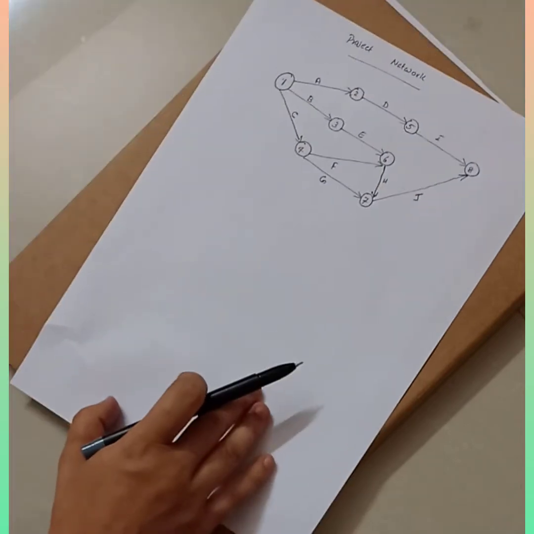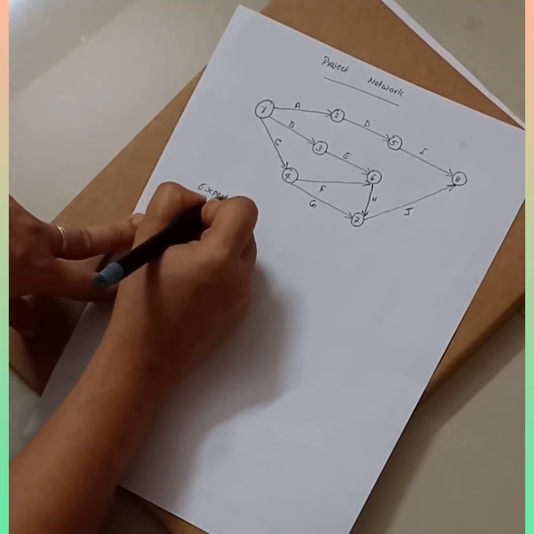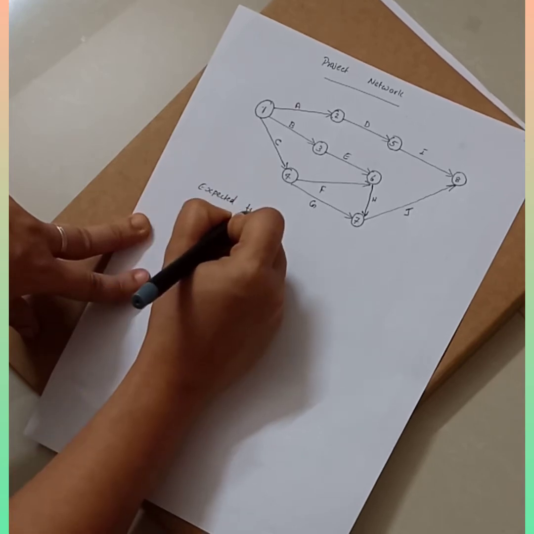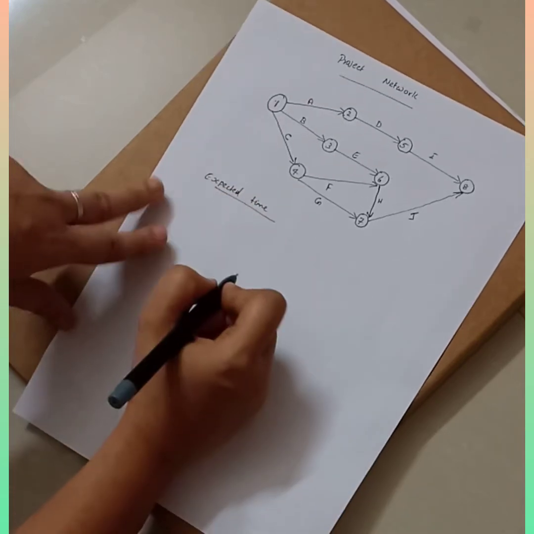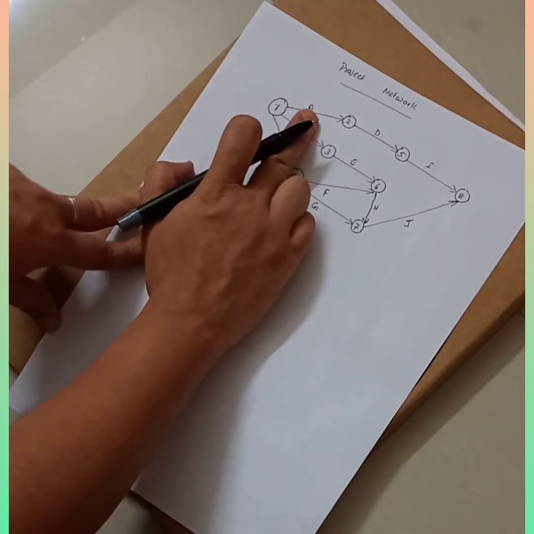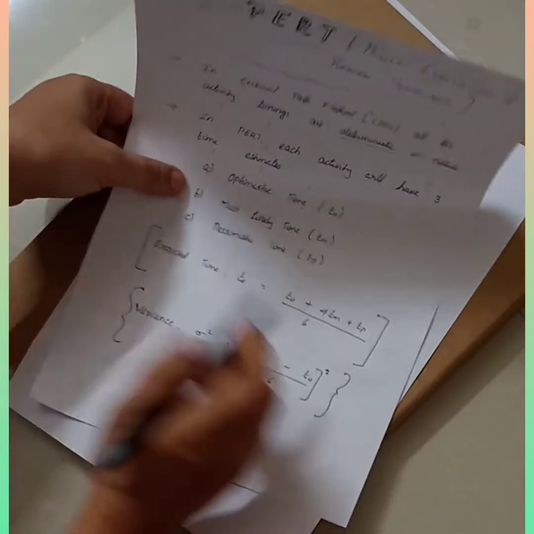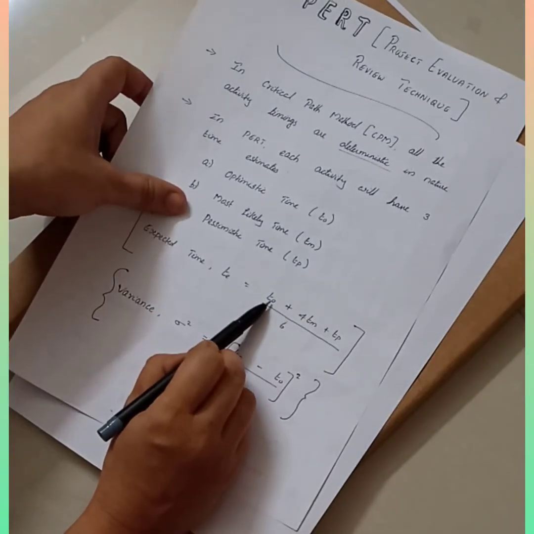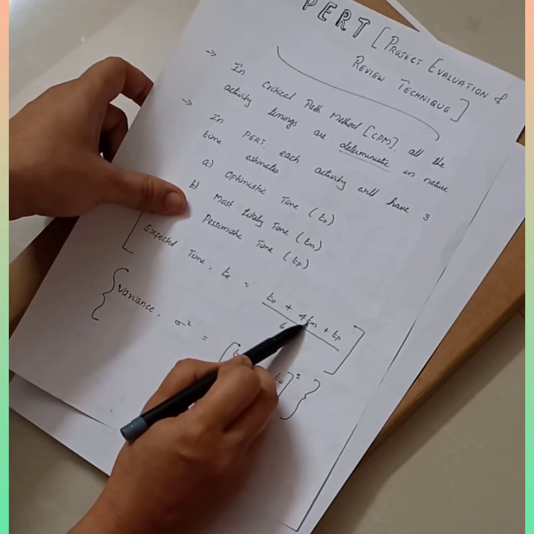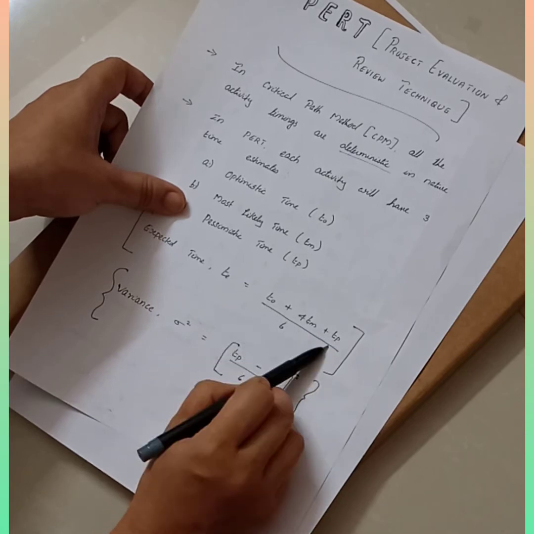So first let's find out the expected time for each and every activity. Now consider activity A. What is the expected time? According to the formula, it is TO, that is optimistic time, plus 4 times the most likely time, plus pessimistic time, divided by 6.